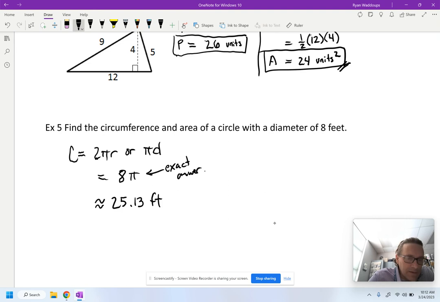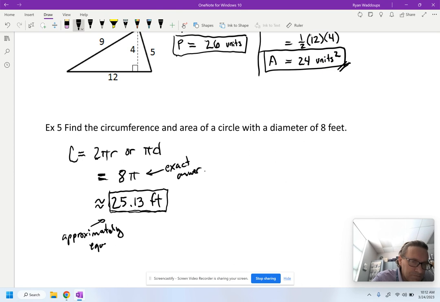And this is approximate, right? So this is not the exact answer. If you want the exact answer, you leave it in terms of pi. But a lot of times it's much more useful to us to have an approximation. So we do this. Approximately equal.